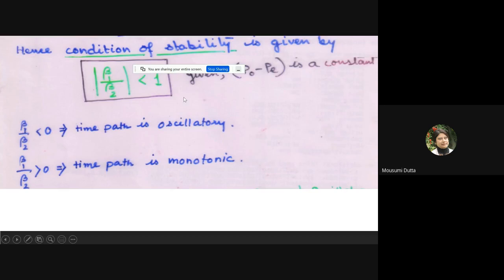While plotting the graphs, remember we will plot the inverse demand and inverse supply functions, as you already know from your first semester learning. From here we get that the absolute slope of the supply is less than the absolute slope of the demand.